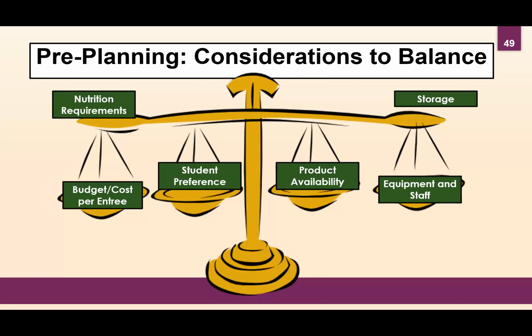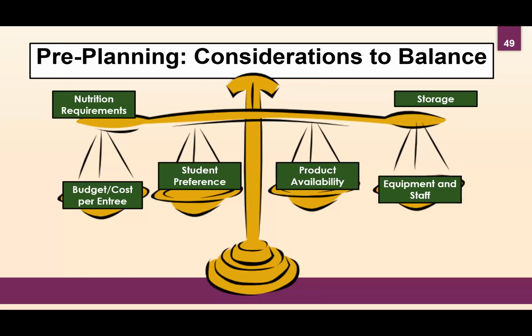Besides everything else you have to think about with nutritional standards, you're also thinking about your budget, right? And add on to that, you need to think about what the students prefer. What are their preferences? How many students are you serving? All of that has to be considered.